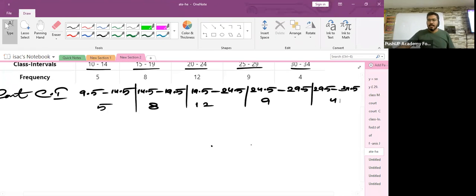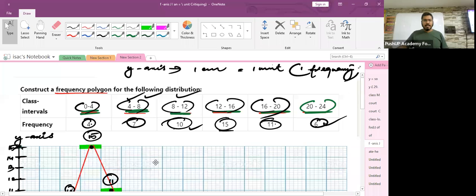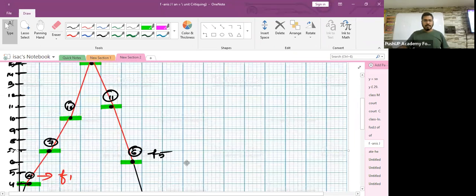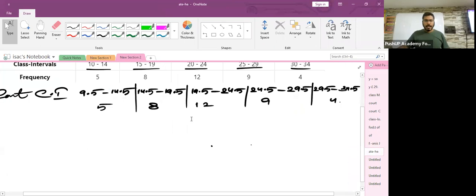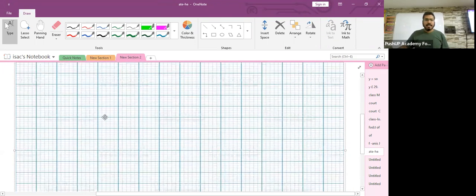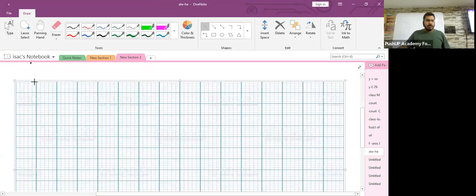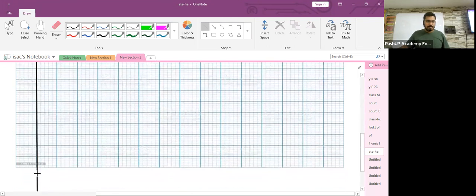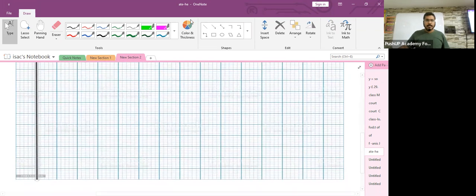Okay. Now, let's start drawing the graph. Let's start drawing the X and Y axis. Everyone, do it. So this is your Y axis, and this is your X axis.